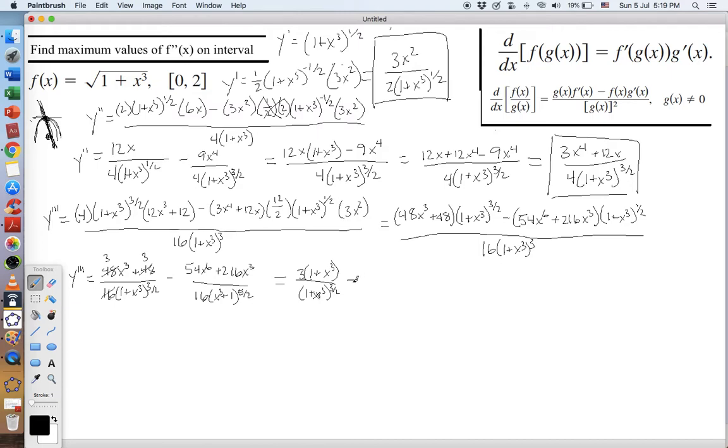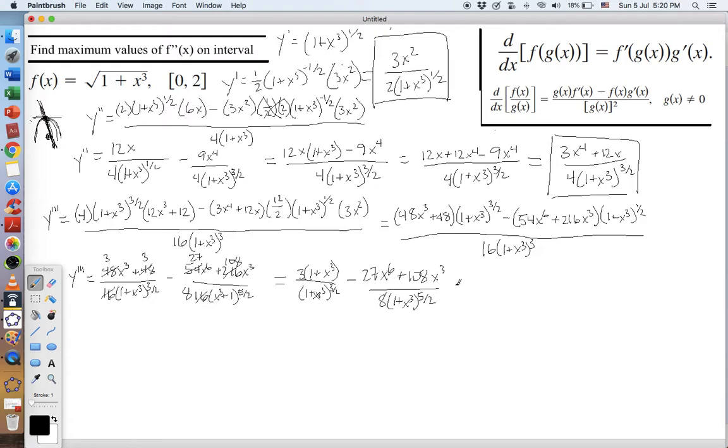Subtract from that. 16 and 54 only share a common factor of 2. So we're going to factor out a 2 from each of these. We get 27x to the 6th plus 108x cubed all over 8 times 1 plus x cubed raised to the power of 5 halves.